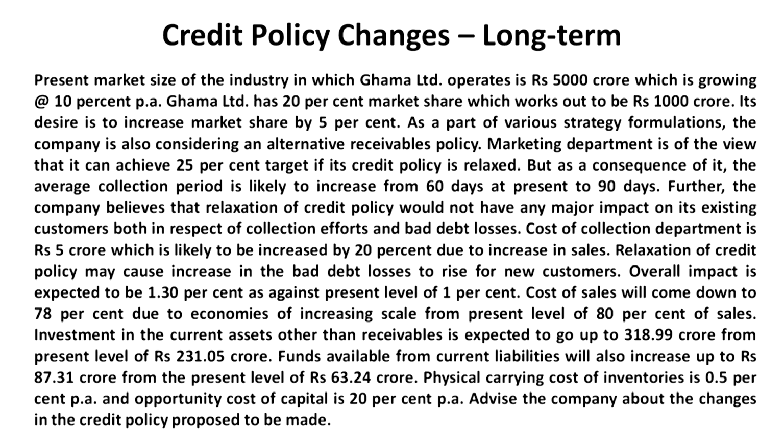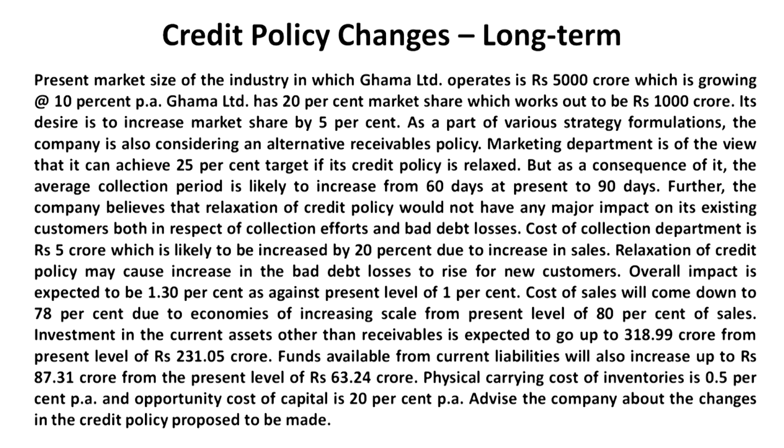So, we only have to find the investment for the difference, that is 318.99 minus 87.31. In the existing level also, the investment was only 231.05 minus 63.24 crores. The new level of investment required from the company's resources would be 318.99 minus 87.31 crores. The remaining amount will come from the spontaneous finance.